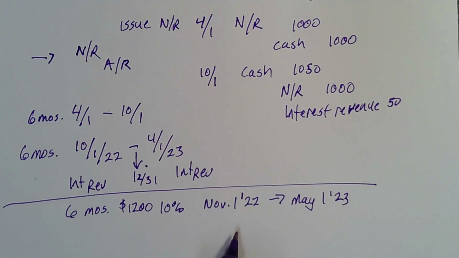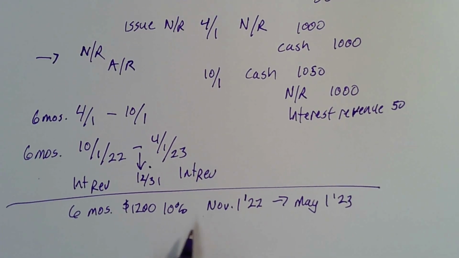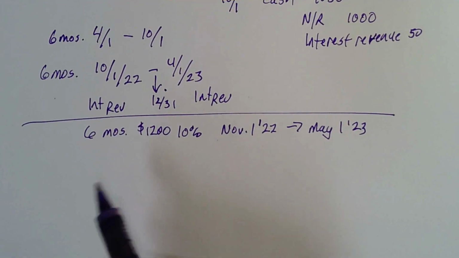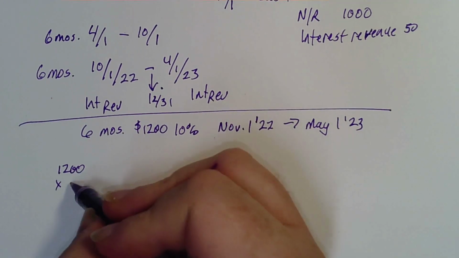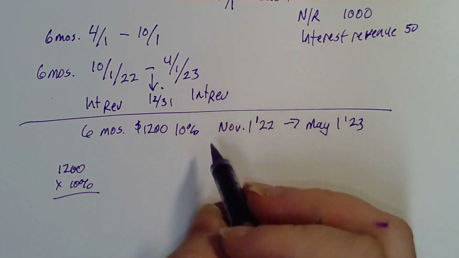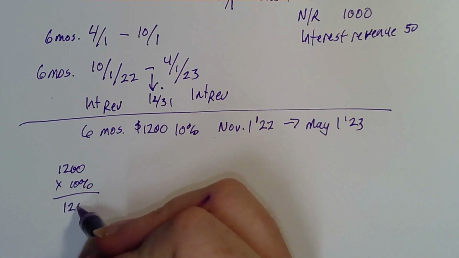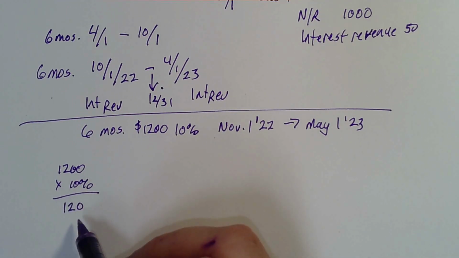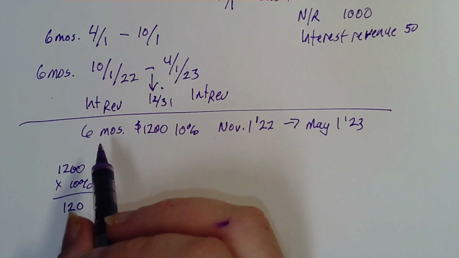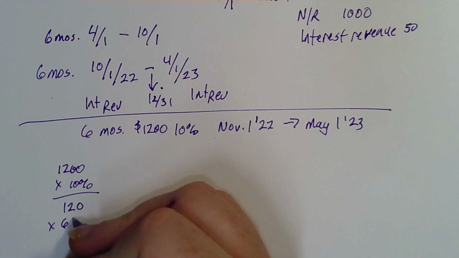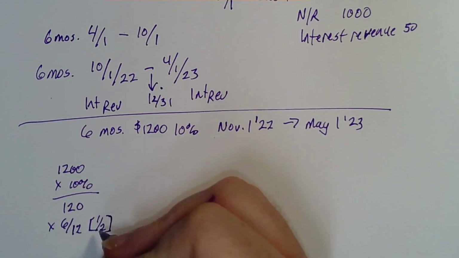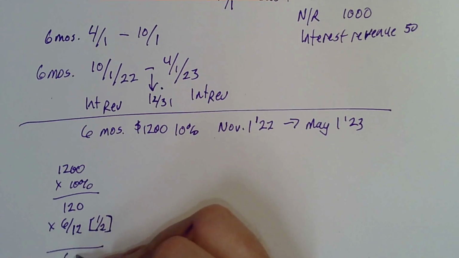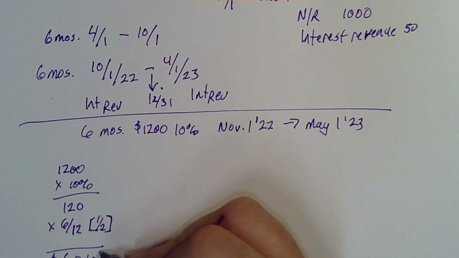Well, the first thing we want to do is calculate the total amount of interest that's going to happen here. Well, it's $1,200 times 10%. Now, remember, this is the annual rate, so if it was a loan for a year, the interest would be $120. But it's only 6 months, so we're going to multiply that by 6 out of 12, or 1/2. So it's going to be $60 of total interest.